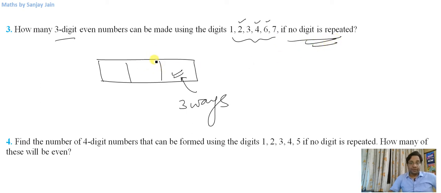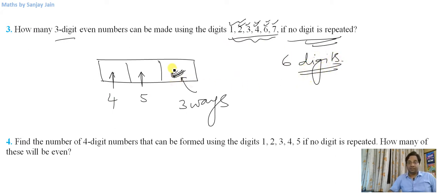So once I have filled this place, I am left with, how many digits are these? These are 6 digits, right? 1, 2, 3, 4, 5, 6. So out of these, if I have used 1 digit here, I am left with 5 digits. So I can fill this place with any of the 5 digits, and I can fill this place with any of the 4 digits.